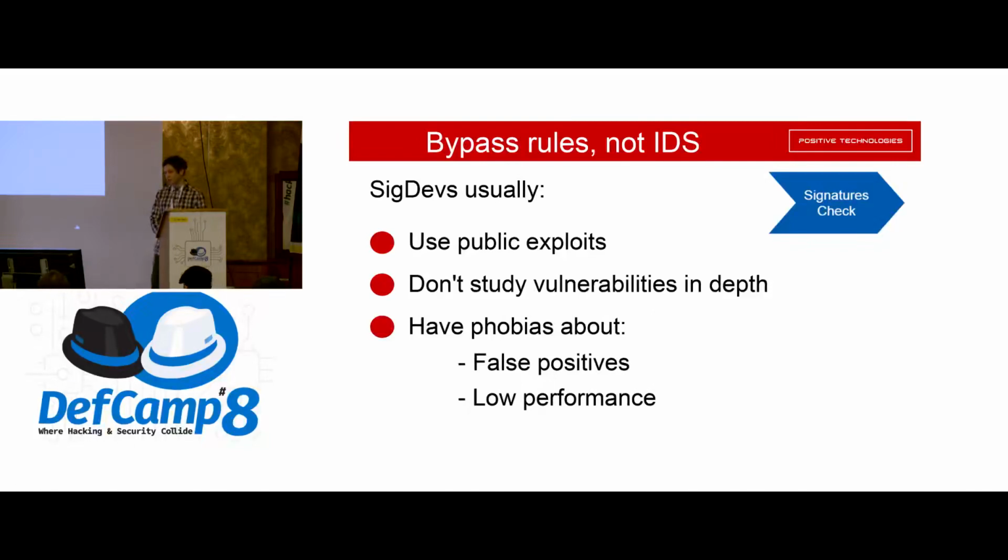Also, they usually do not develop exploits by themselves, and they do not check all the deviations. Besides that, they have to keep the IDS performance level high, so their signatures should not cause the IDS to spend too much time checking signatures, and they have to take care of false positive alerts.